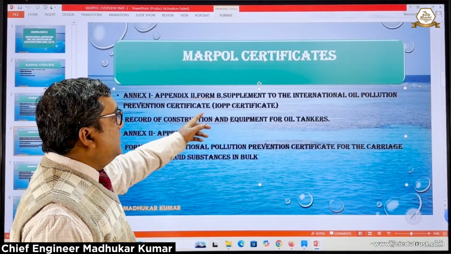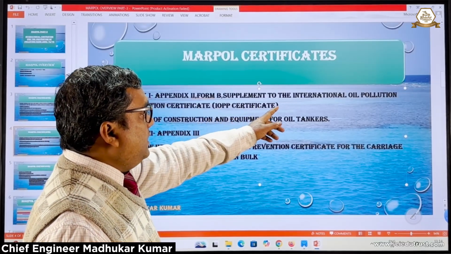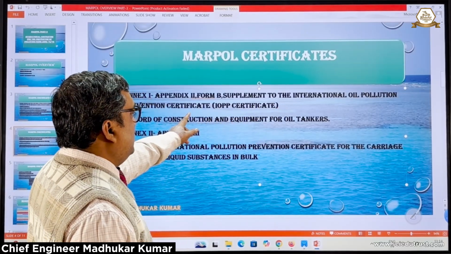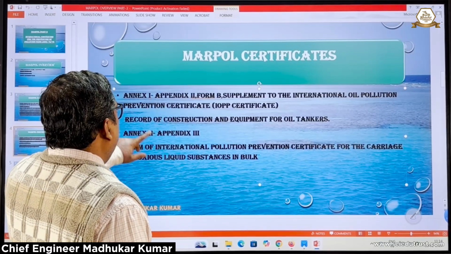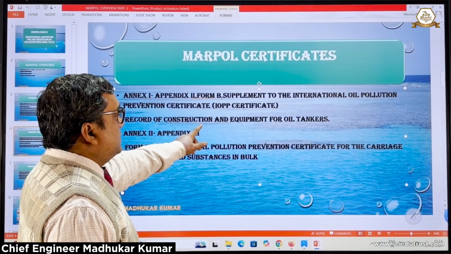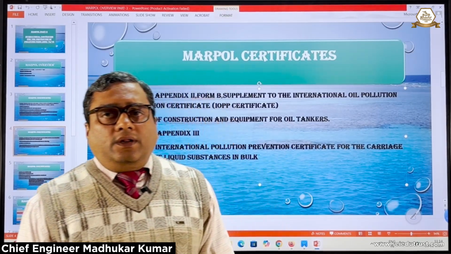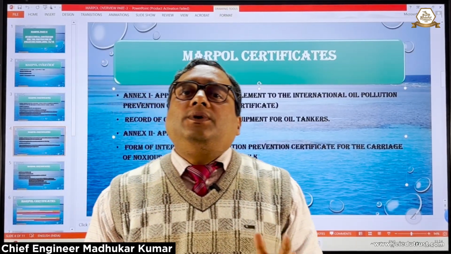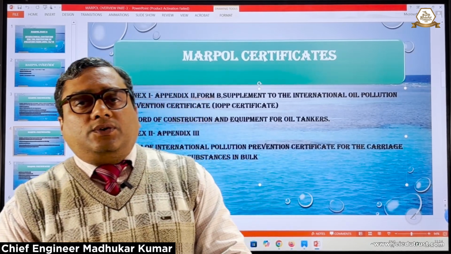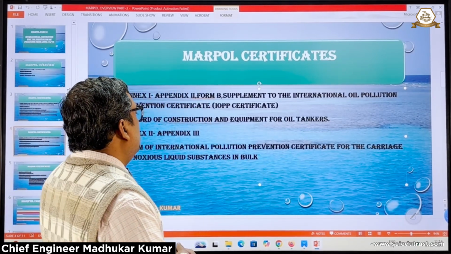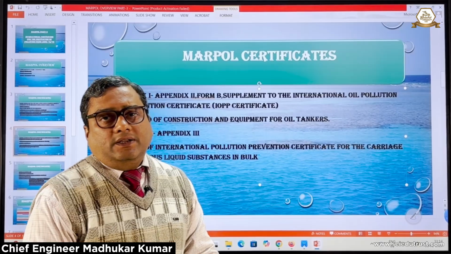Here you can see the supplement to the International Oil Pollution Prevention Certificate, IOPP. It shows the record of construction and equipment for oil tankers. So for oil tankers, this form B is issued, and it has all the constructional and equipment details provided.